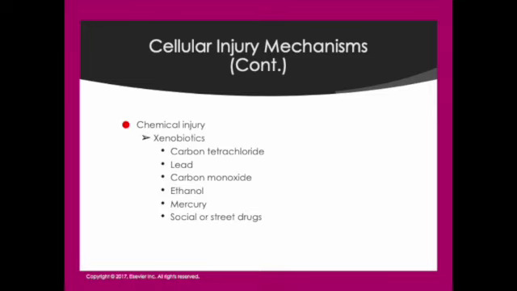In terms of chemical injury, we have this term called xenobiotics. Xeno meaning foreign, foreign to life. The liver is an initial site of contact for many ingested xenobiotics, metabolizes many over-the-counter drugs, prescription drugs, and alcohol, making it very susceptible to chemical-induced injury.